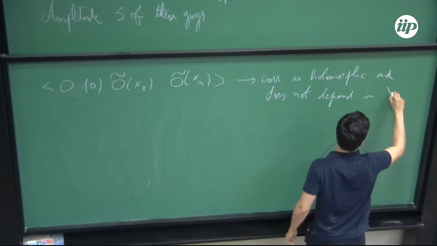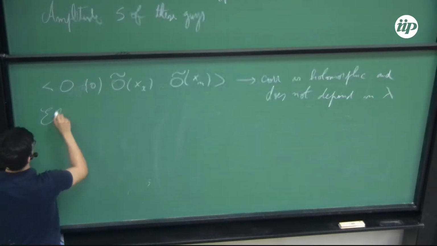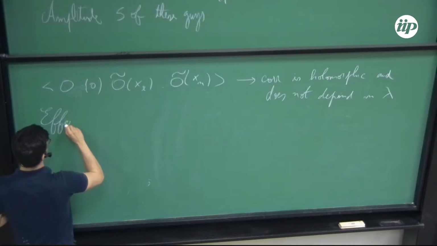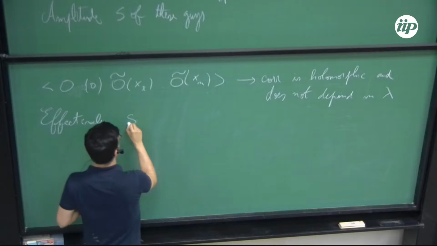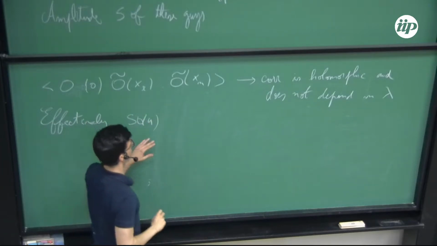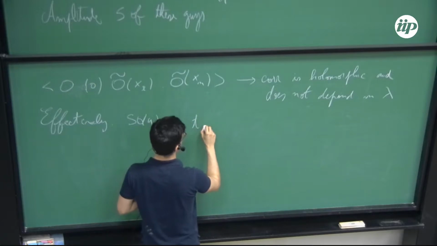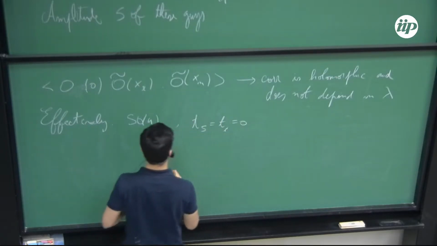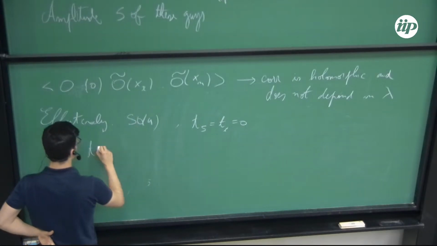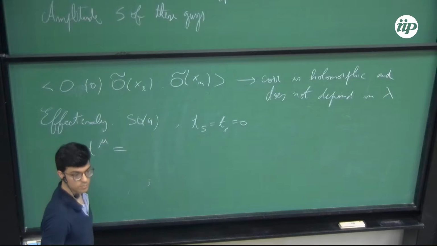Okay, so effectively what we do, we restrict to an SO4 part of the polarization vectors. So we set t5 equals t6 equals 0. So effectively we have just t mu, which are the other 4 components in this SO4.